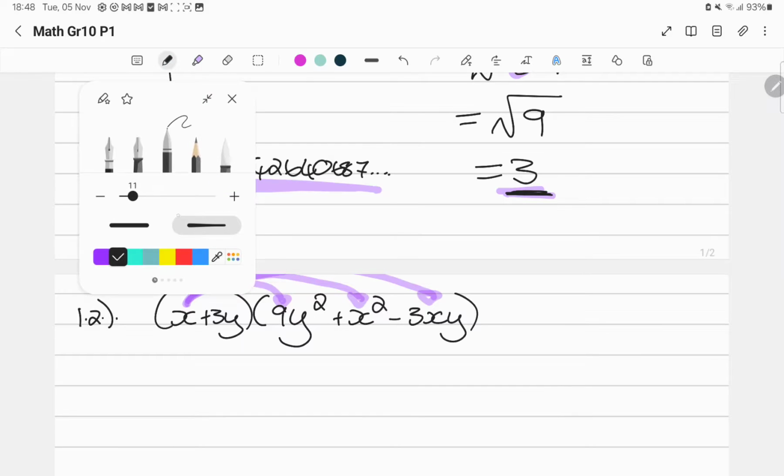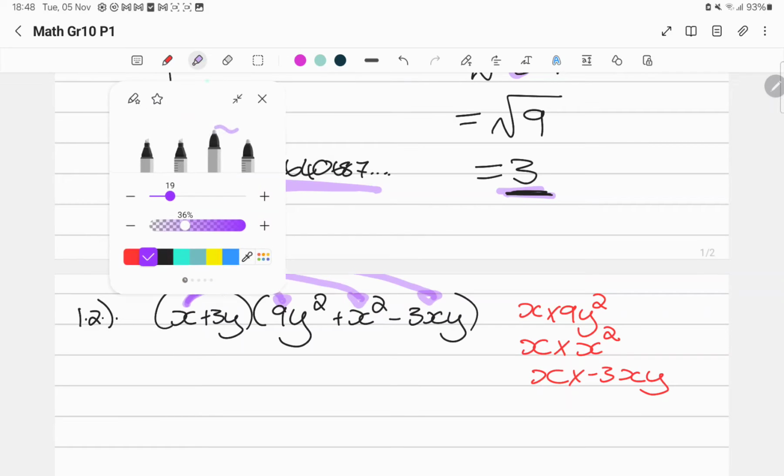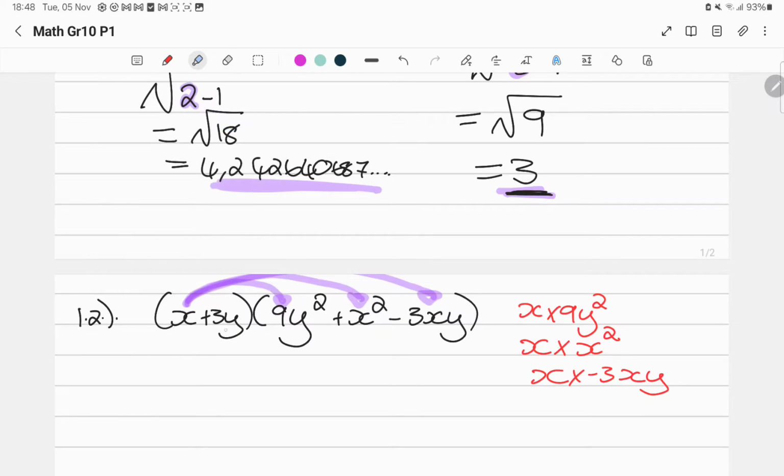So in other words, I'm basically saying, what is x times 9y squared? What is x times x squared, and what is x times negative 3xy? Alright, and then you're going to do the same thing with the 3y. So now you're going to take the 3y and multiply it with all 3 terms.